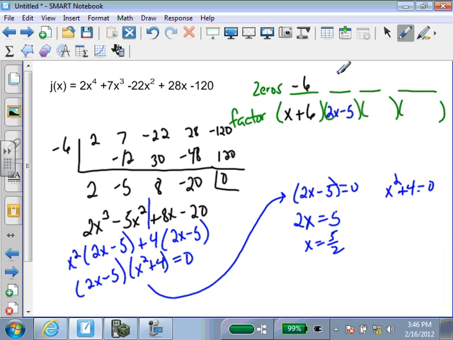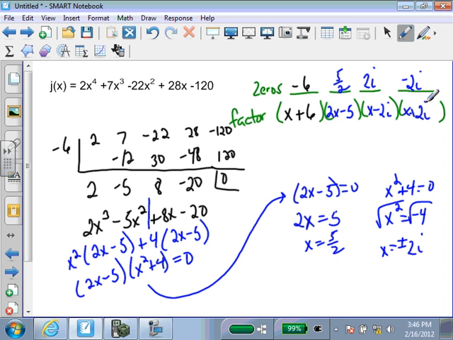So the zero is at 5 halves. X squared equals negative 4. X equals plus or minus 2i. So again, we have 2i and negative 2i. So x minus 2i, x plus 2i.